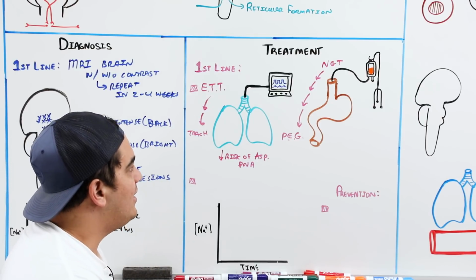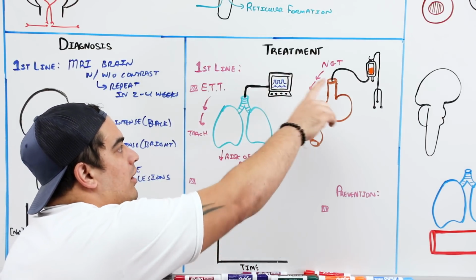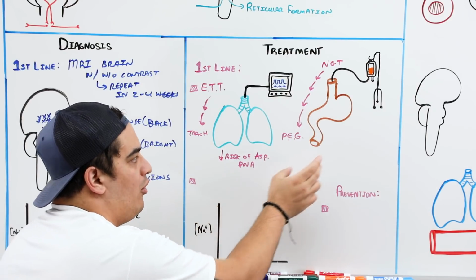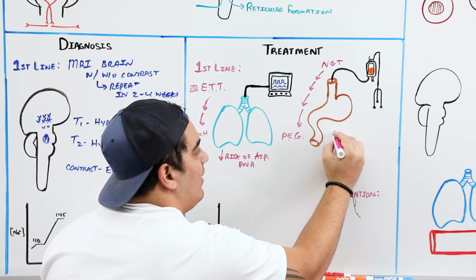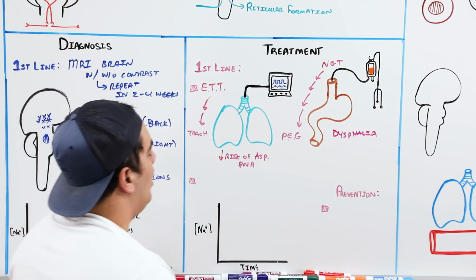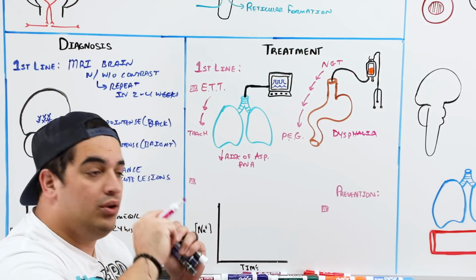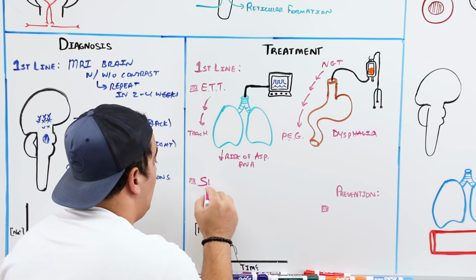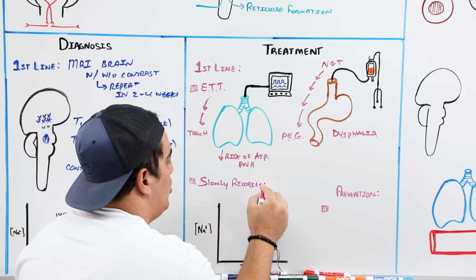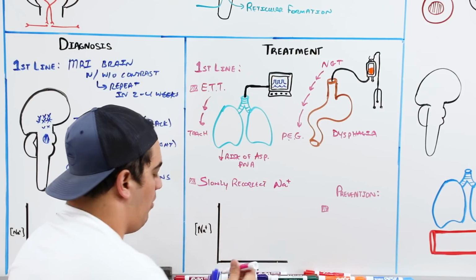Okay, the next thing to think about is, not only are these the two big supportive therapies for reducing the risk of aspiration pneumonia, as well as for individuals who are going to have dysphagia, but the other thing is to try to slowly, and I mean slowly, recorrect the sodium. So let's go back to what we had before.